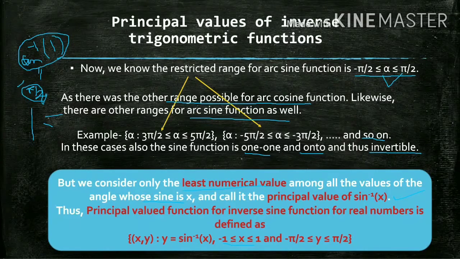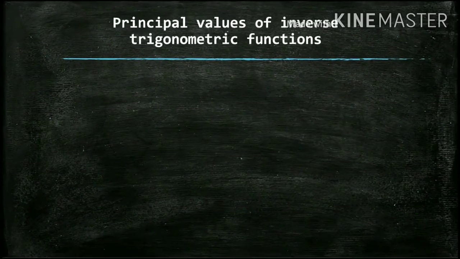So whenever you are asked to find the principal value, you will just consider this range only, not any of the others, because the smallest value lies in this range only. Just consider angles from this range whenever the word principal value comes. Clear? Okay, now let's move forward.